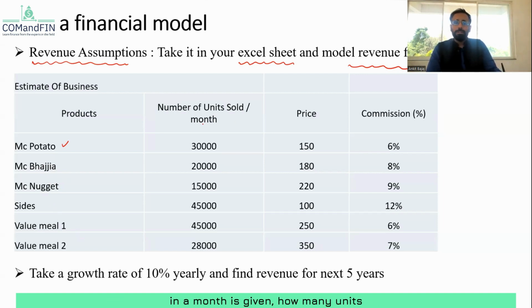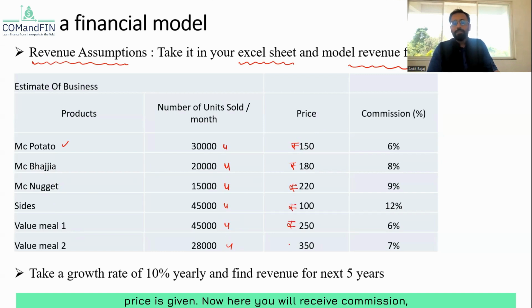The number of units sold in a month is given, how many units you will be able to sell. So you will be able to sell 30,000 Mac potato, 20,000 Mac bhajia, 15,000 nuggets, 45,000 fries, value meal 1 that is 45,000 and value meal 2 that is 28,000. Price is given here. It is 150 rupees per unit of Mac potato. And similarly, here you can see price is given.